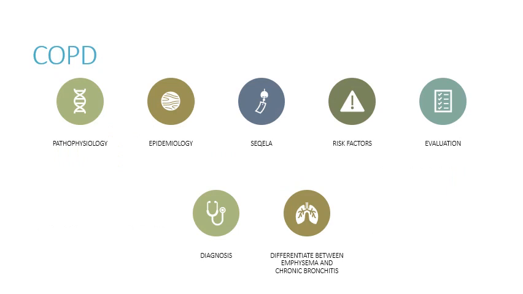COPD is a rather comprehensive topic, and it's a big topic, but I want to just hit on the main things. Pathophysiology, of course, smoking and irritants, constant exposure to the irritant agent will lead to development of COPD. Some people who never smoked still may develop COPD if they had alpha-1 antitrypsin deficiency.